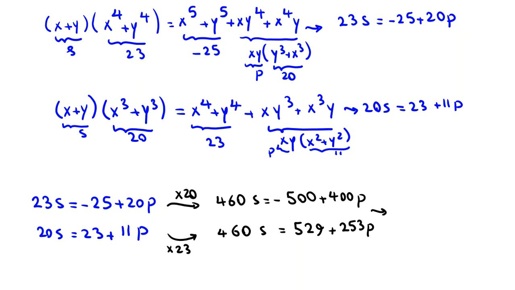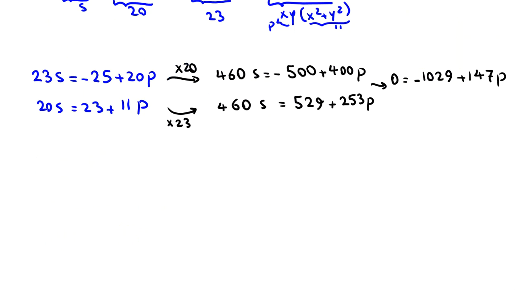And if we subtract, for example, the second one from the first one, it will be negative 1029 plus 147p. Okay, so if we take 1029 to the left-hand side, the negative will be positive, 1029 equals 147p. If we divide both sides by 147, it will be 7, so p is 7.